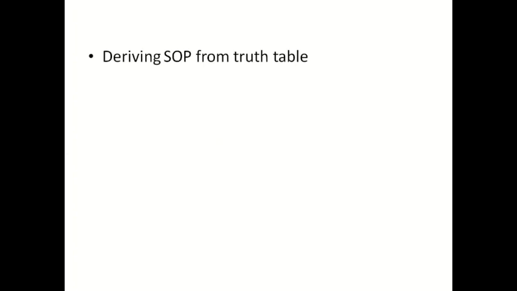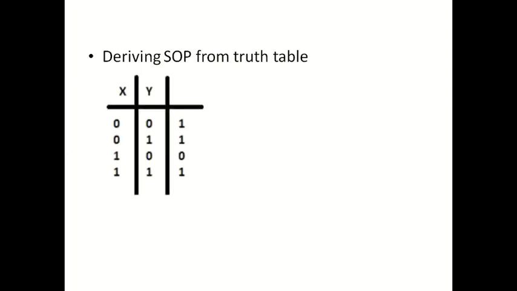Now the next thing is how we can derive SOP from the truth table. See here, this is one table. I have a function of x and y, consisting of 2 literals, and my problem says that if the values of x and y are both 0, then my output should be 1. If it is 0 and 1, then my output should be 1.